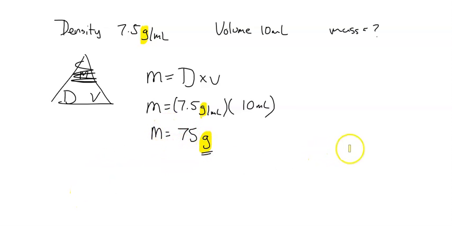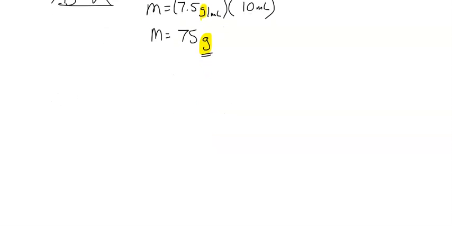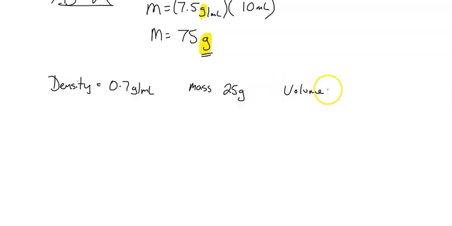Okay, let's do a third example. In this third example, the density is equal to 0.7 grams per milliliter, and the mass is 25 grams, and we want to know what the volume is. Okay, again, go into our triangle.